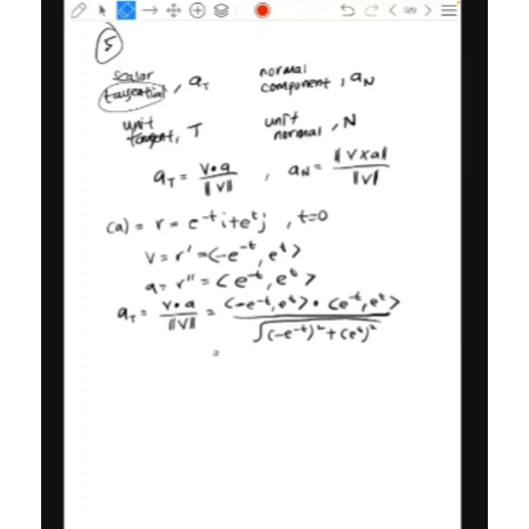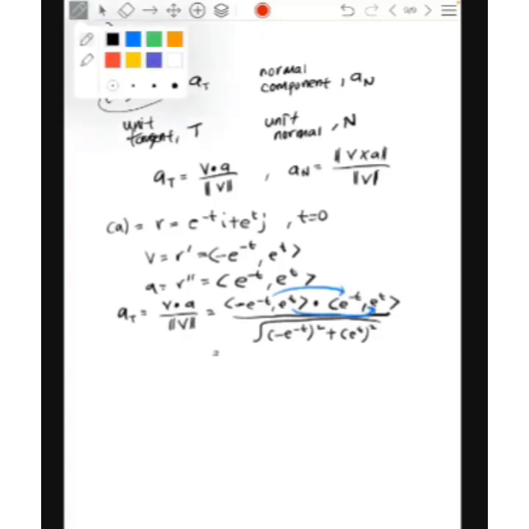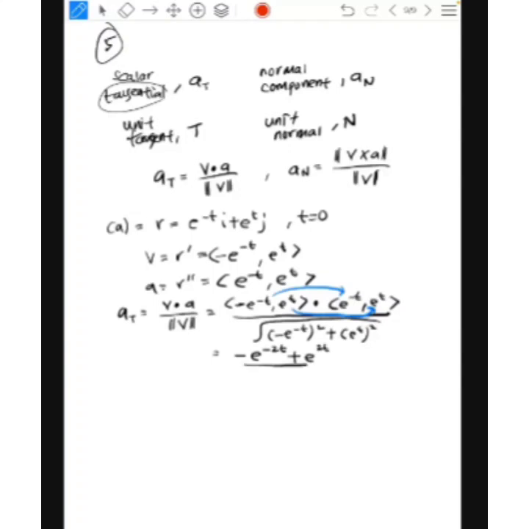Okay, so you do the dot product. The first term you multiply with the first term of the other functions, and then the second term you multiply with the second terms. So akan dapat exponent negatif 2t tambah exponent 2t. Kurangkan dengan exponent 2t tambah exponent 2t.